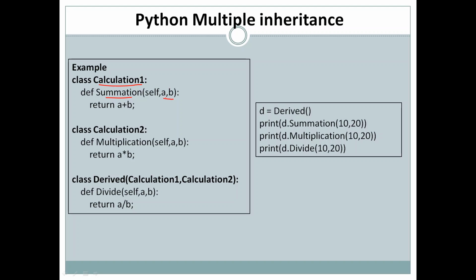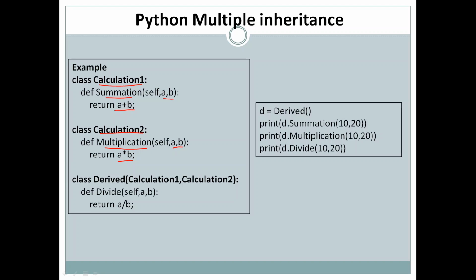Apart from that, we have a and b as parameters, and it is simply returning the summation of two numbers, a and b, which are received as parameters. Then we have one more class, that is Calculation2, and it contains a method multiplication.